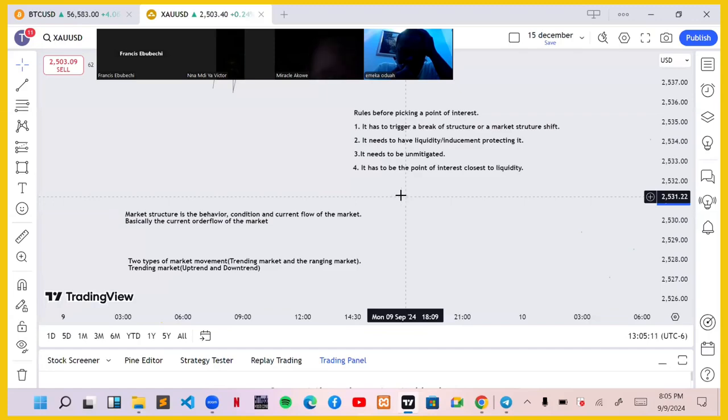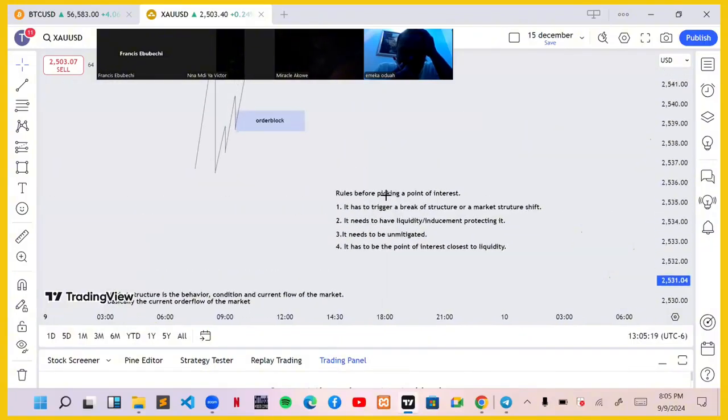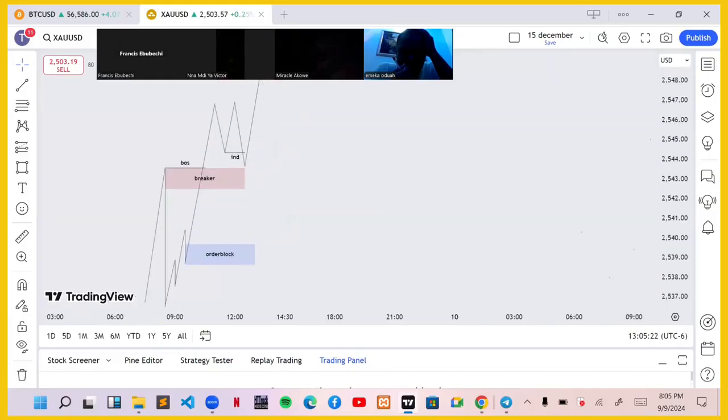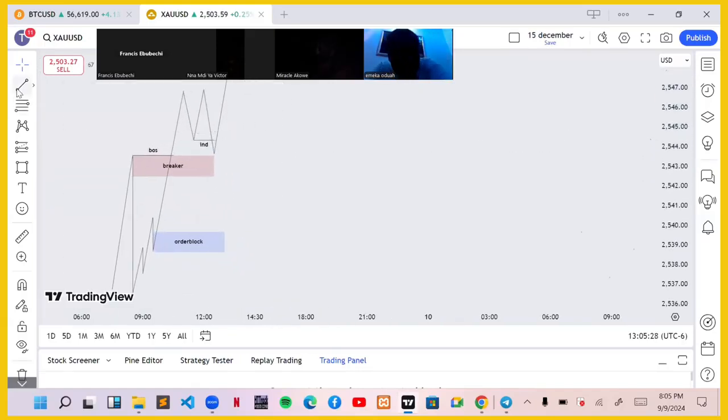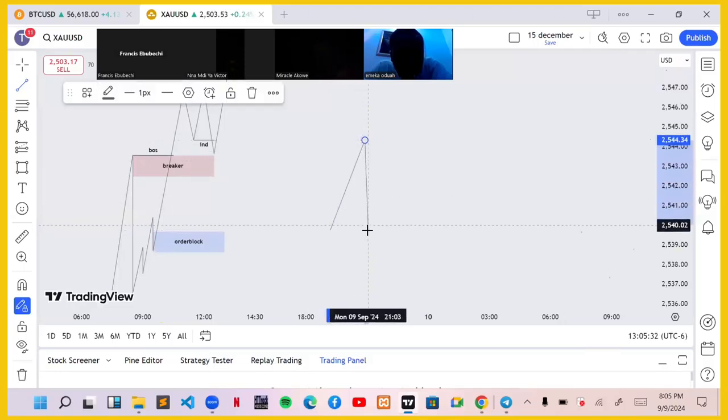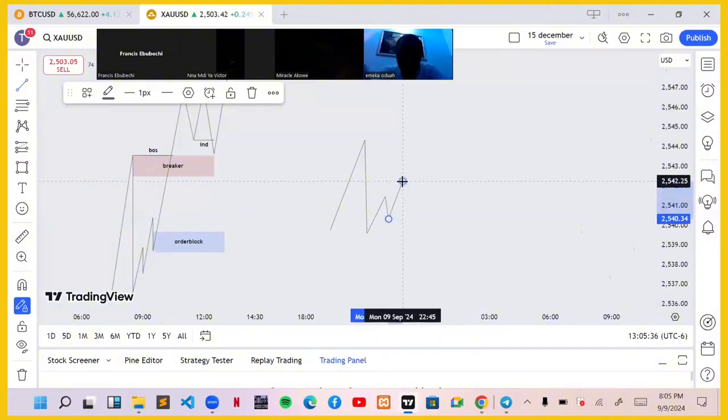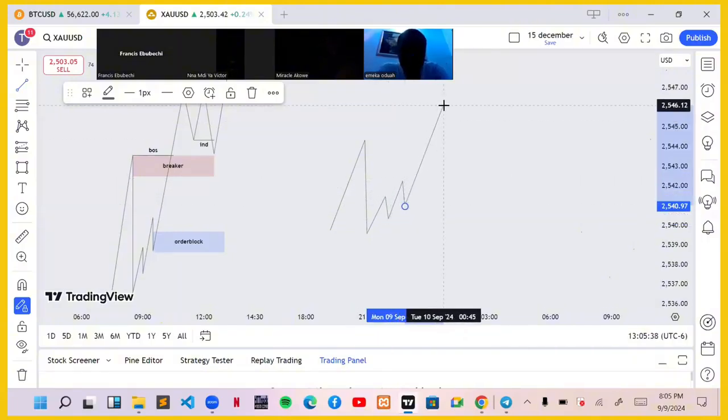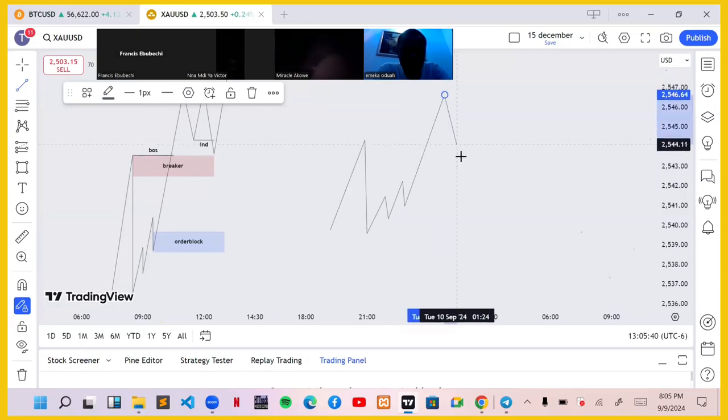But if after the market broke structure or had a market structure shift, the breaker block was never mitigated during the first pullback, you use the breaker block as your entry. In this case, the breaker block was never mitigated during the first pullback, so we use the breaker block as our entry. But in a case like this, the market goes up, higher highs, higher lows, then breaks out, and this is the first pullback.